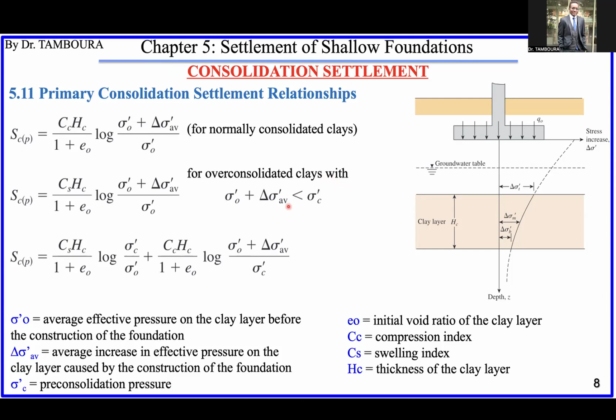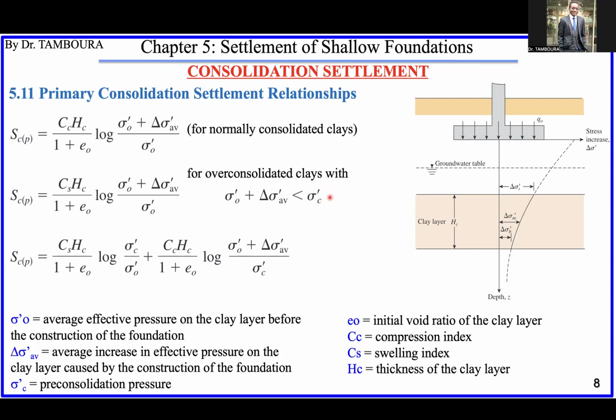With a situation where the sigma prime 0, it means here, this one, the initial stress plus the additional stress, when you add both, are still less than the pre-consolidation pressure.